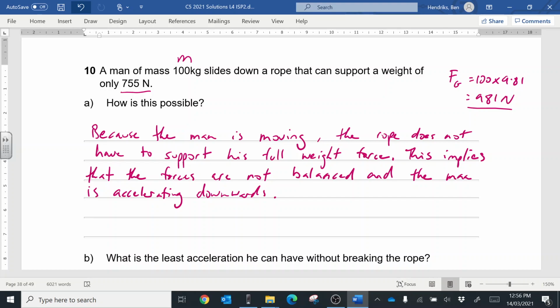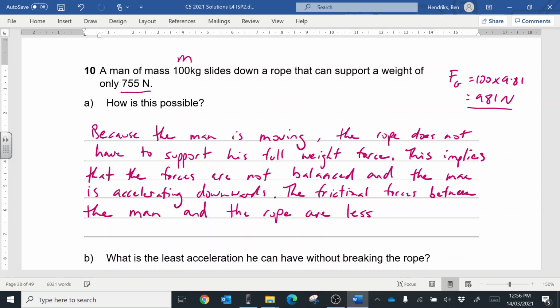So the frictional forces between the man and the rope are lessening the acceleration downwards compared to if the man was in free fall.